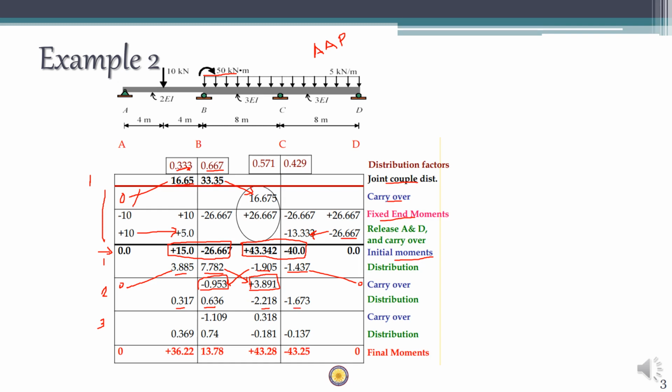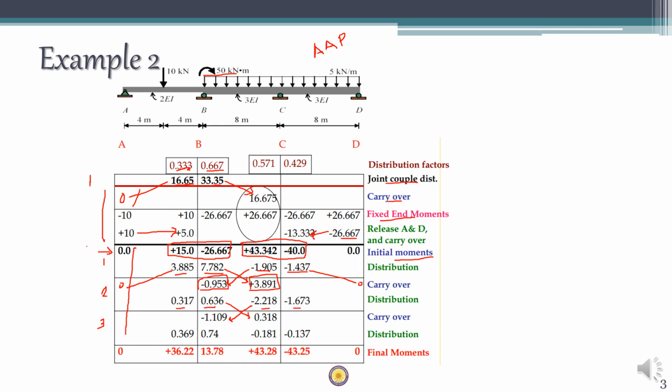So similarly, go to the next carryover: half of 0.636 will go here, half of minus 2.21 will go here, again to the distribution, and you can finish with that distribution. Once the third distribution is finished, what you have to do is sum all these columns together, from the first iteration, second iteration and third iteration, starting from the initial moment.